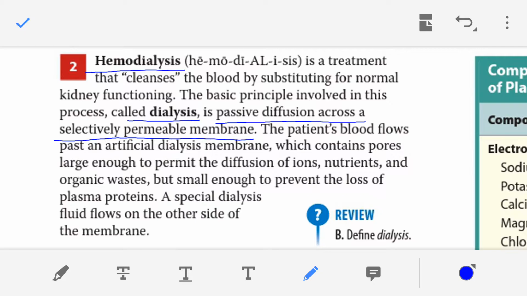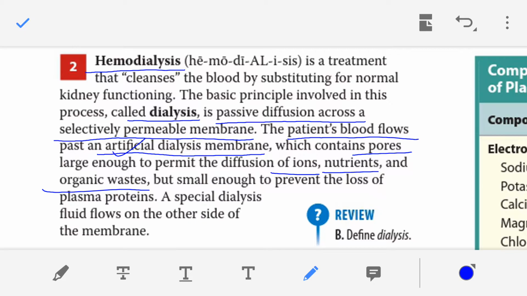In the artificial kidney, the patient's blood flows along the artificial dialysis membrane. In this membrane, pores are present, and these pores are large enough to permit diffusion of ions, nutrients, and organic waste.